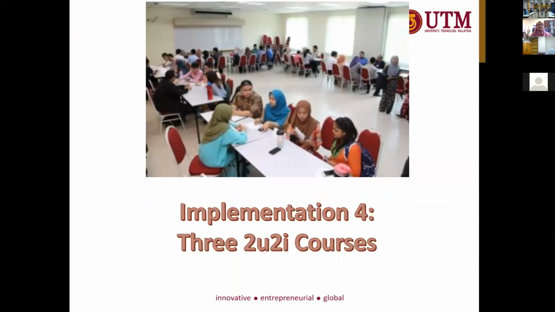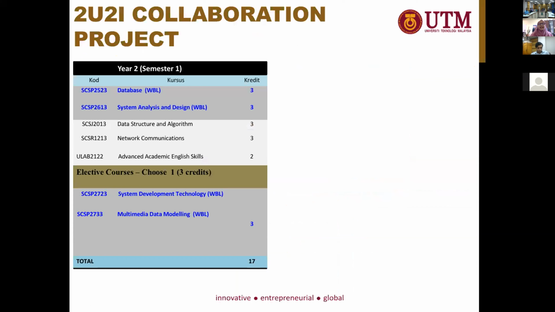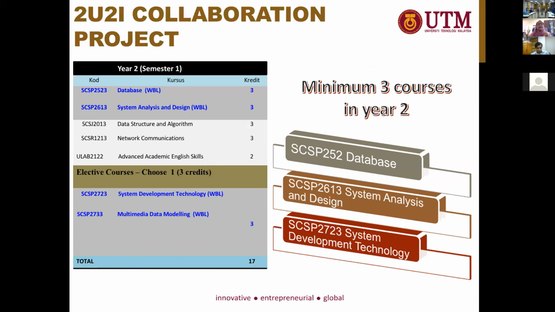In case study number 4, we collaboratively share 3 courses in one project. In this case study, the 3 courses are database, system analysis and design, and system development technology, where the students are in year 2 and registered for many more courses, but these are the courses we integrate, 1, 2, 3 courses.